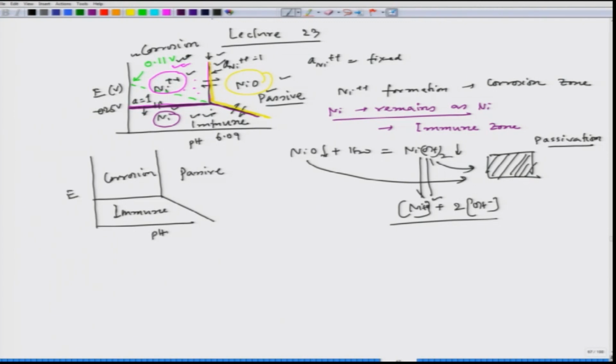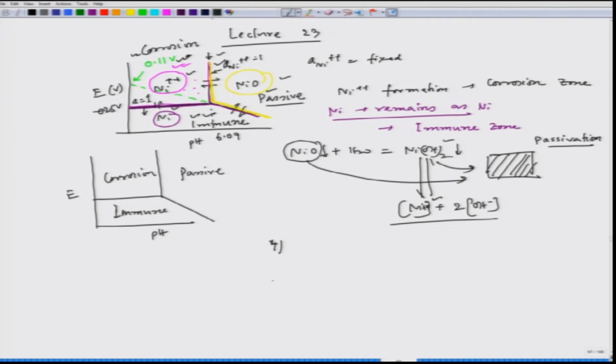In fact, we can have such diagrams for many other metals. And coming to this particular phase, since we have done the calculation on the basis of chemical potential of NiO, we can also have the same plot if we consider NiOH. So, that time we have to take 2 more equations.